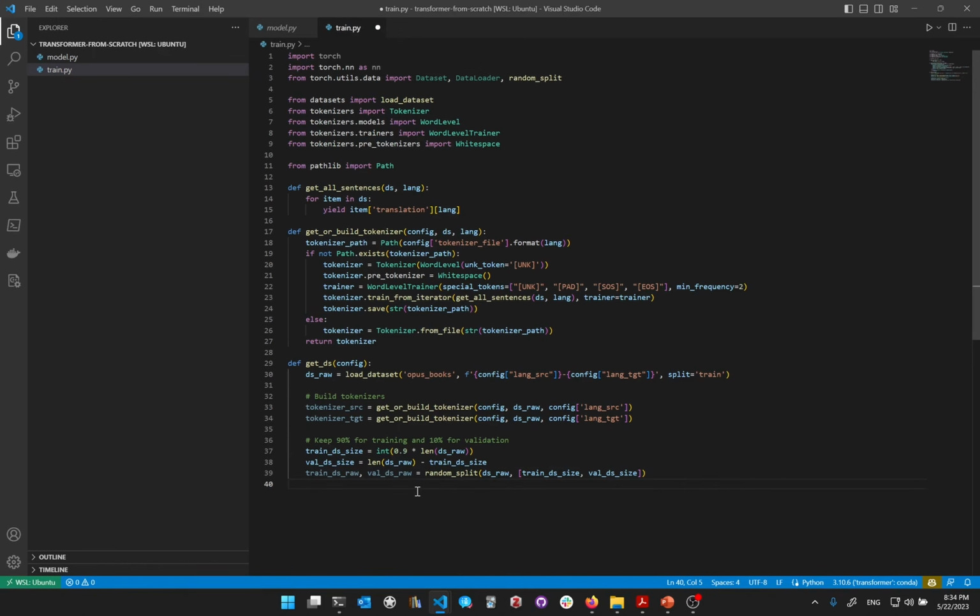Now we need to create the dataset, the dataset that our model will use to access the tensors directly, because now we just created the tokenizer and we just loaded the data. But we need to create the tensors that our model will use. So let's create the dataset. Let's call it bilingual dataset, and for that we create a new file.